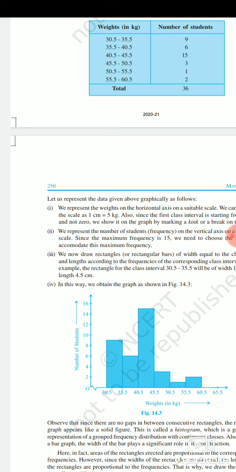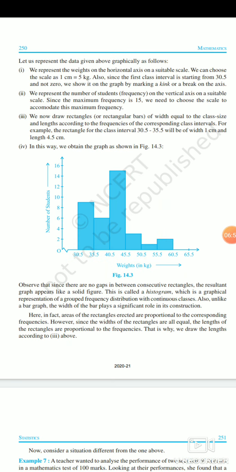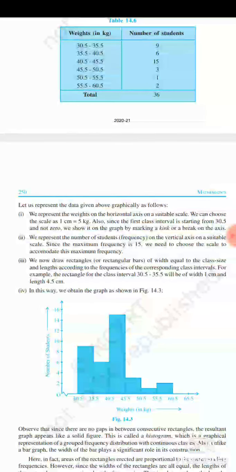On your y-axis, numbers 9 up to 15. You may take each centimeter as 2 units: 2, 4, 6, 8, 10, 12, 14, like that. For the first value, 30.5 to 35.5, the frequency is 9, so draw a bar up to 9.